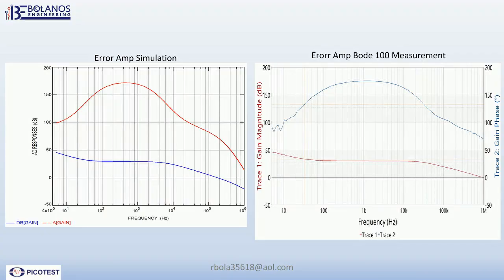Okay, now that we've gotten the SPICE simulation and the measurements from the power supply using the Bode 100, here you can see the response of the error amp, and they look very similar. They're basically almost in agreement.